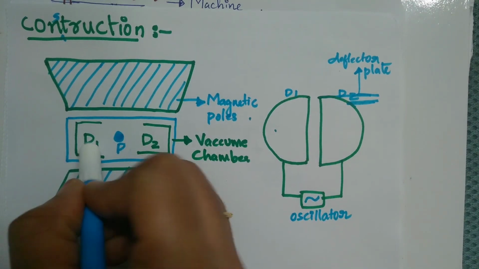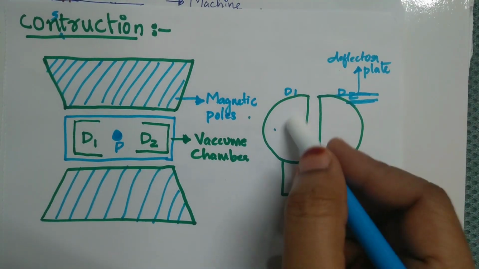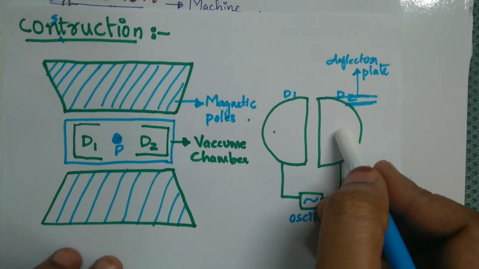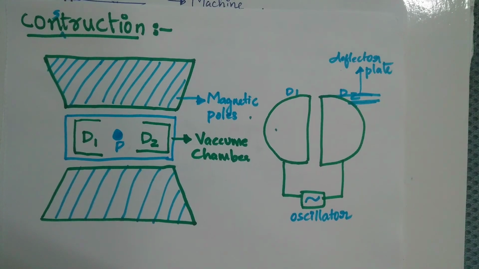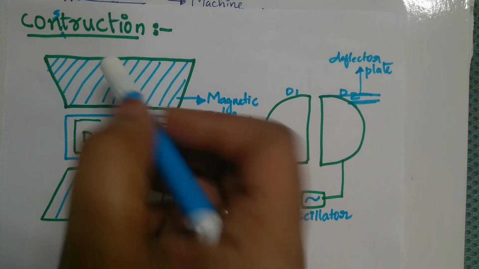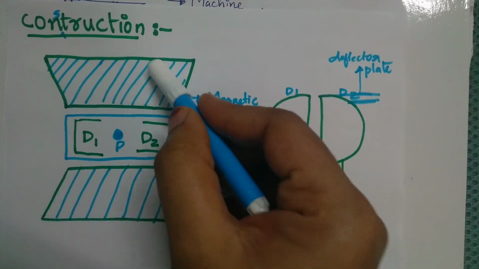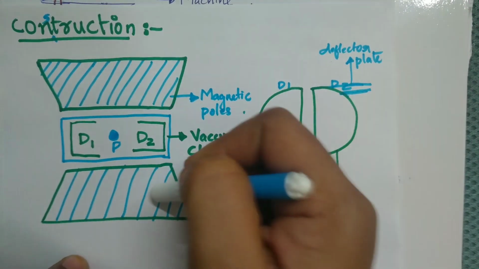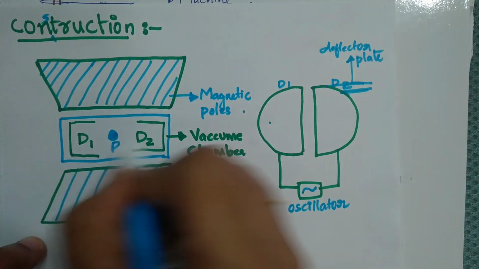Inside the D's, you need to note that the electric field is 0, or we can say the potential is constant. This whole apparatus is placed under strong electromagnets, which are perpendicular to the plane of the D's.